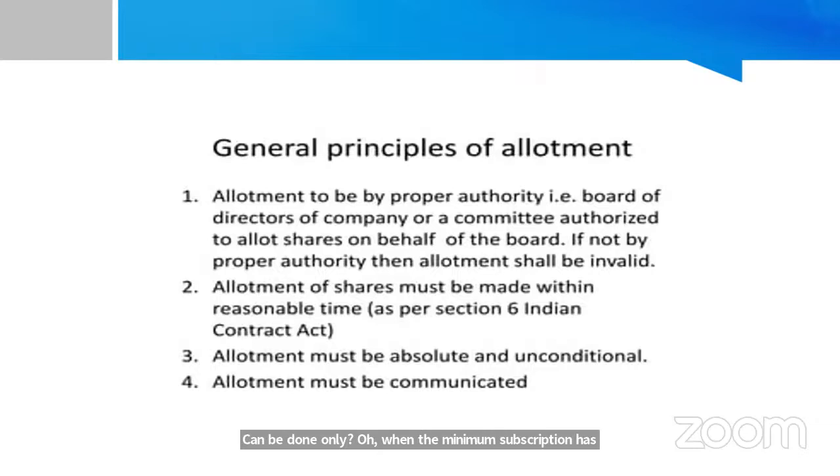And it has to be done by proper authority, that is the board of directors of the company, or the committee that is authorized to allot the shares on behalf of the board of directors. And that has to be made within a reasonable time. Allotment has to be absolute and unconditional.